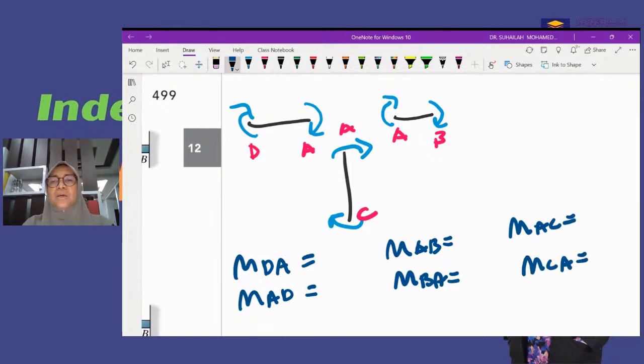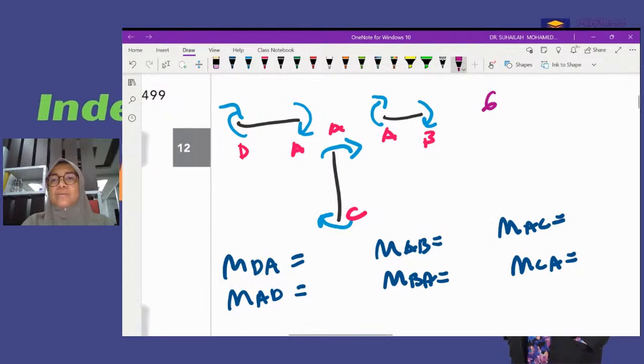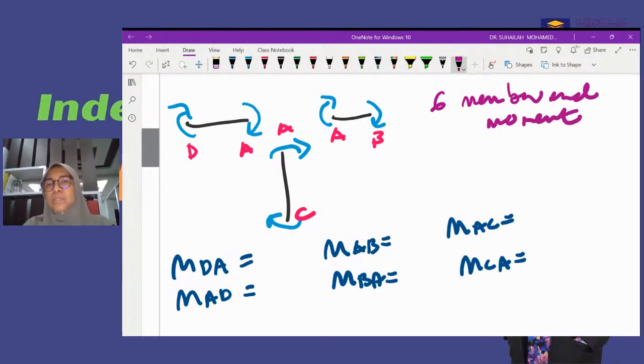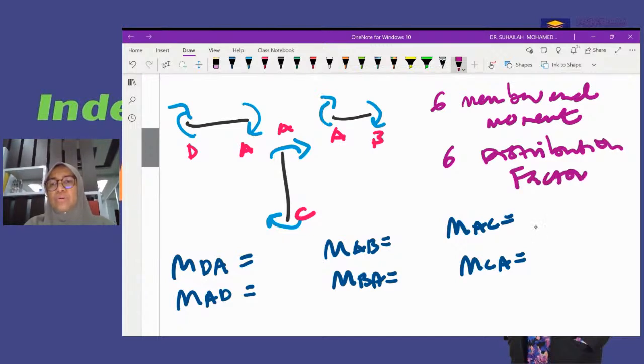All these six are called member end moments. There are six member end moments, and six member end moments are equivalent to six distribution factors, DF.